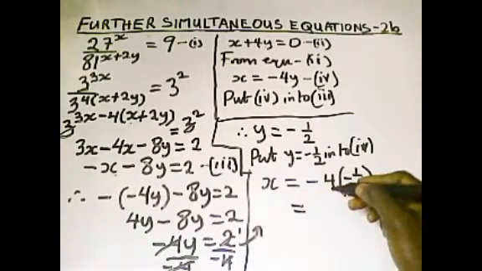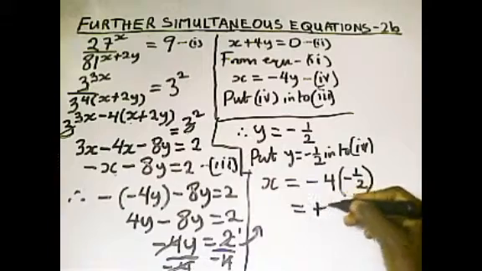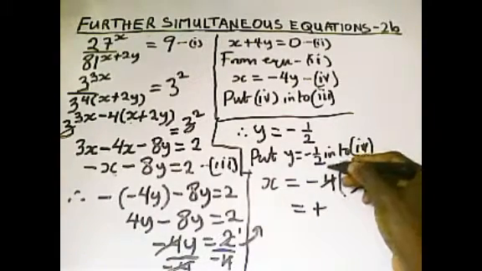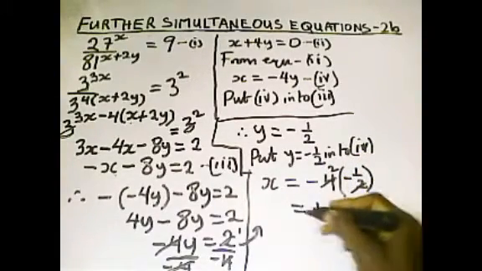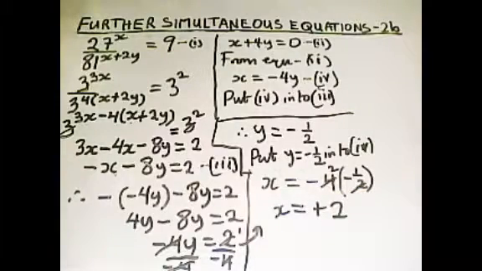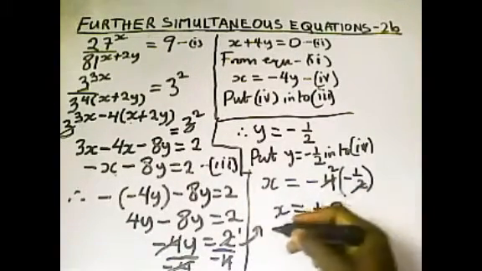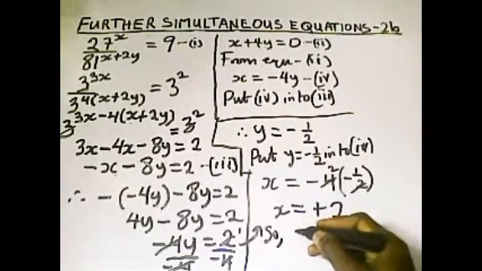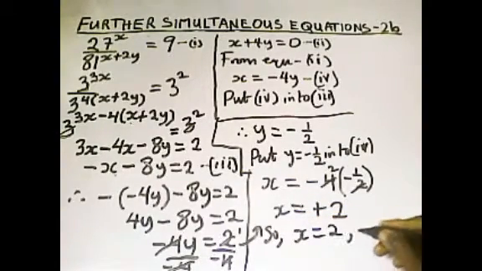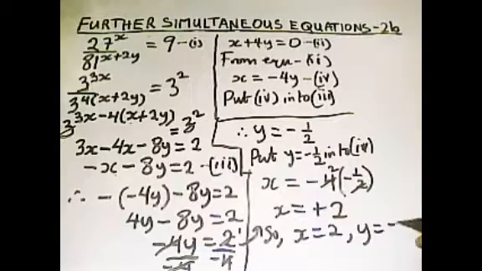If we open the bracket, minus times minus is plus. These 2 we strike out this 4 to give us 2. 2 times 1 will give us 2. So we have the value for x as 2. We can conclude by saying x equals 2 and y equals minus 1 upon 2.